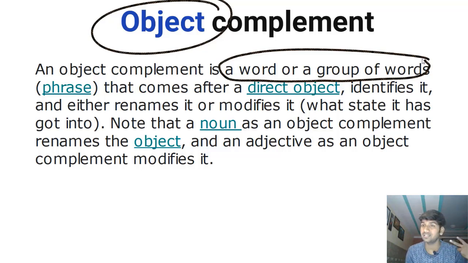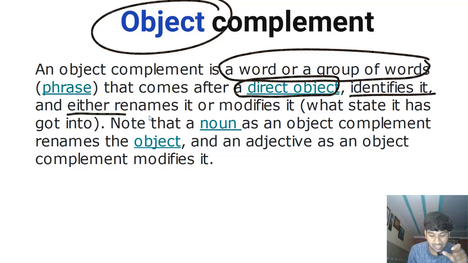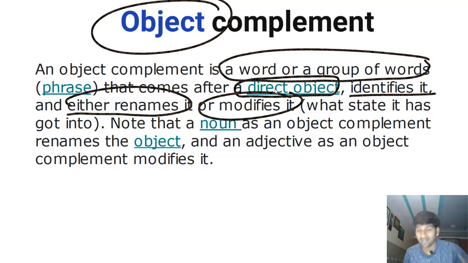Can it be a clause? Yes, it can be a clause as well. I'll show you how. That comes after a direct object. Very important to note. It comes right after a direct object, identifies it, and either renames it or modifies it. When it modifies it, it talks about what state the object has gotten into.